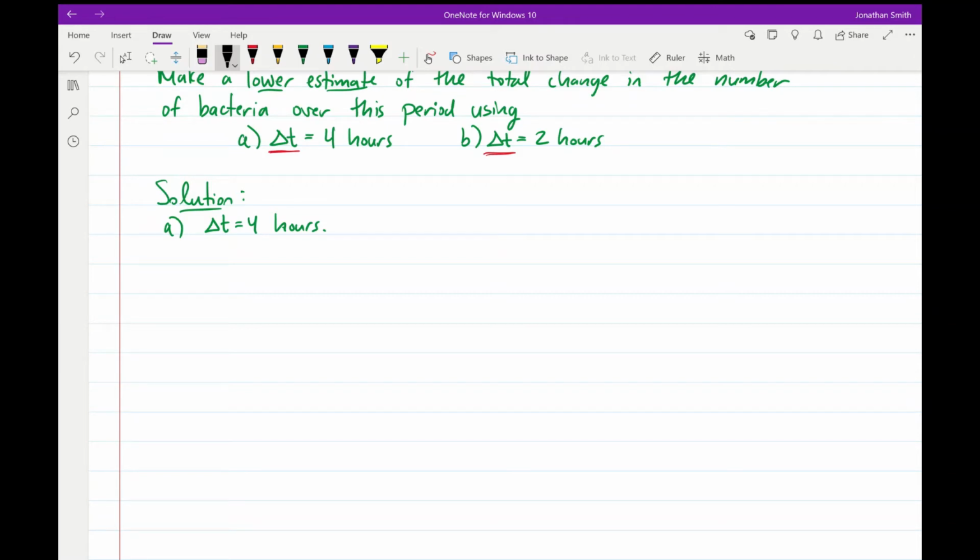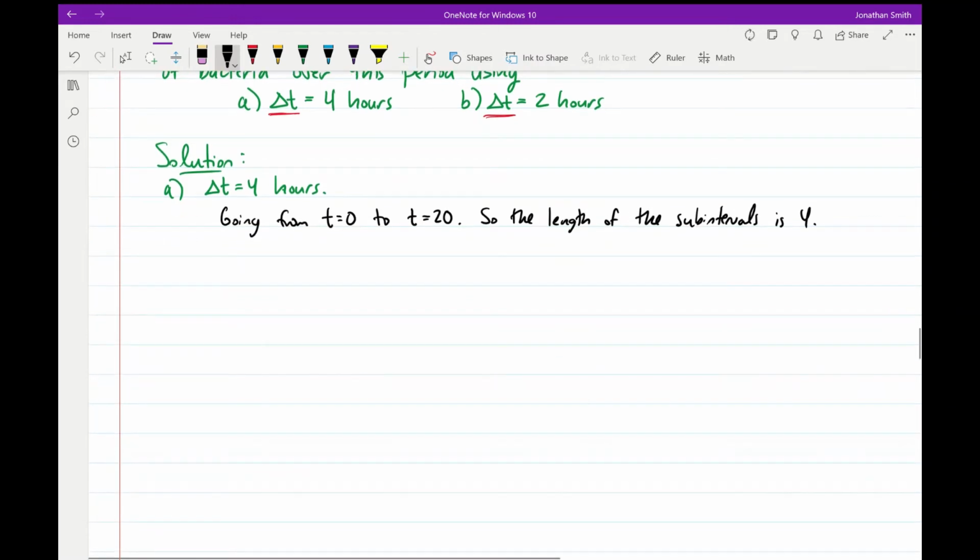So we're starting with delta t equals 4 hours, and we're going from t equals 0 to t equals 20. Okay, so the length of the subintervals is 4. So that's exactly what it means for delta t to be 4 hours.